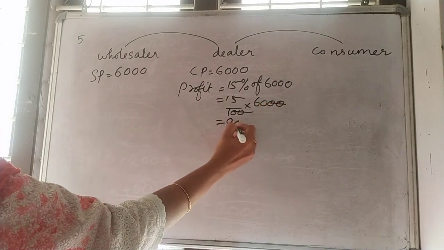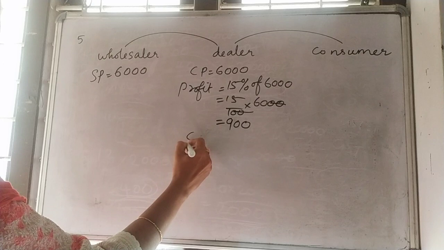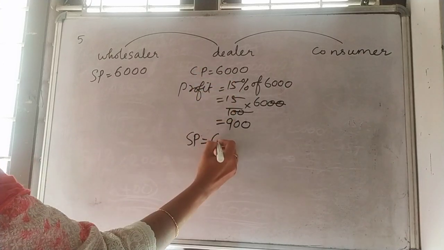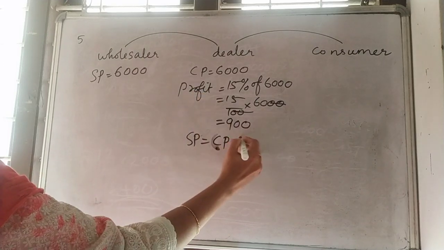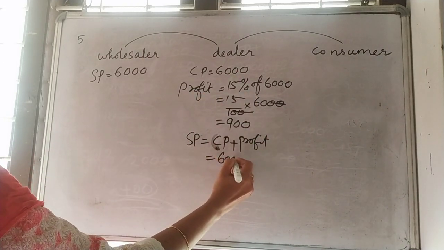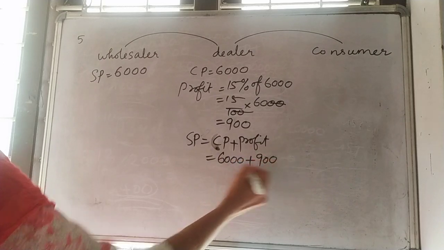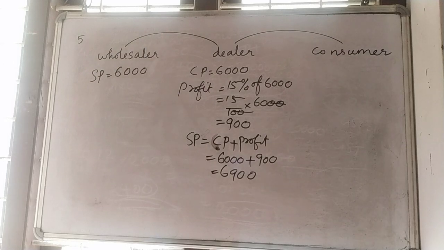So we will get 900 rupees as the profit. So what will be the selling price of the dealer? Selling price of the dealer will be the cost price plus this profit. That means 6,000 plus 900, which will be 6,900, the selling price of the dealer.